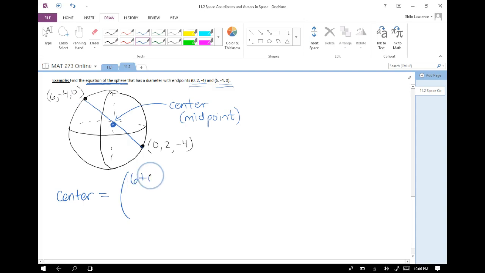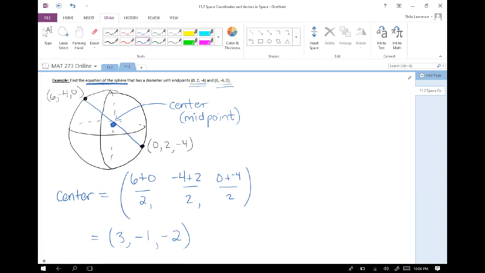So the average of my x coordinates, the average of my y coordinates, and then the average of my z coordinates, which is going to put us at 3, -1, -2. So we've got half of the information that we need in order to write the equation for this sphere.